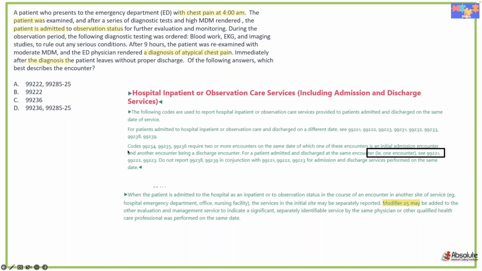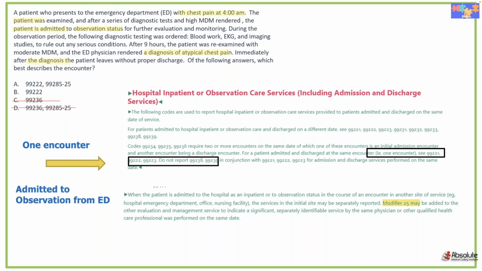When you have one encounter, the guidelines say code series 99221 through 99223. So we're going to have to code from that code series because it's only one encounter. The patient did not discharge properly. And let's go ahead and get rid of C and D.